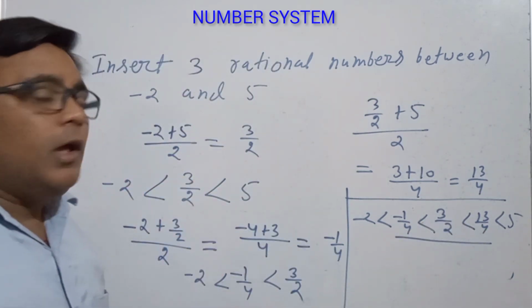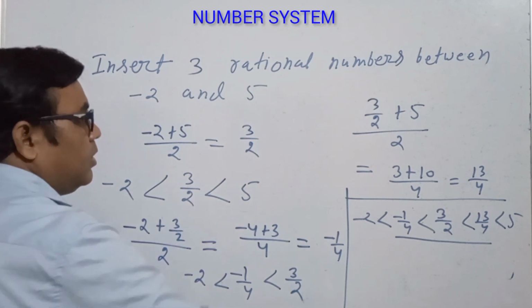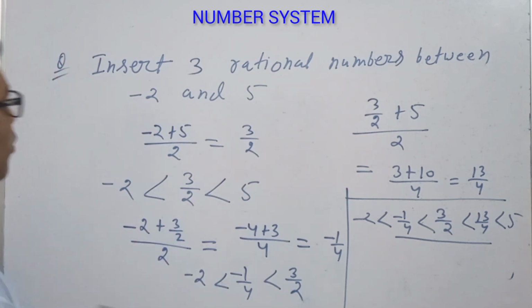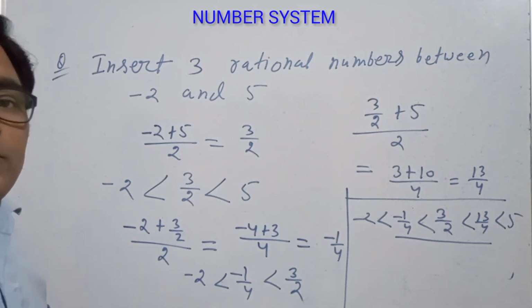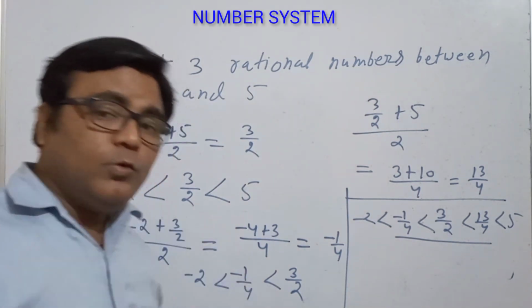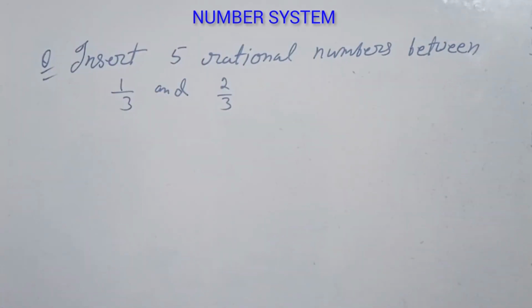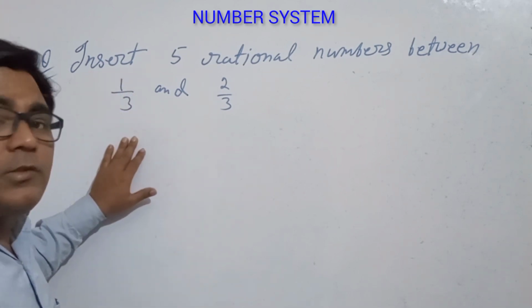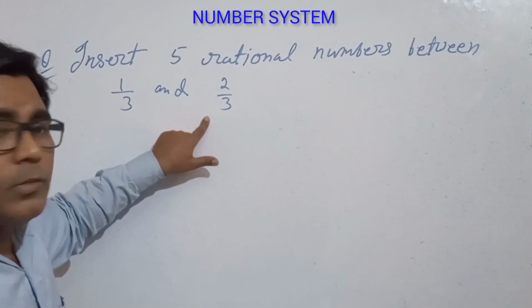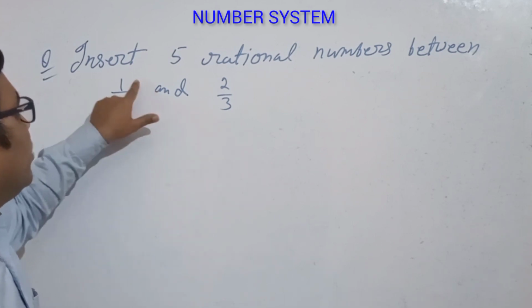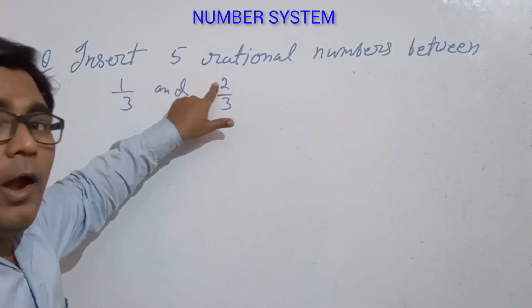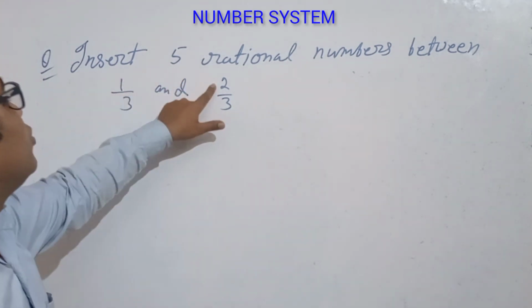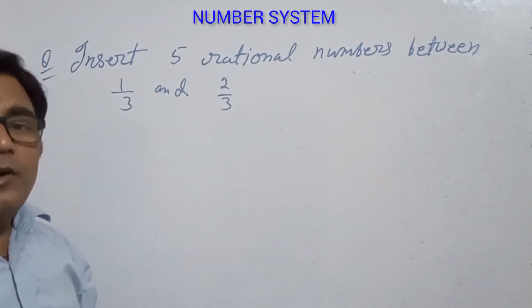This is one method. And now let us learn another method. How can we insert more than a single rational number between any two rational numbers? The steps are what? First, we can see that the denominators of these two rational numbers are the same, 3, but the numerators are 1 and 2, and the number between 1 and 2 is what? No integer.